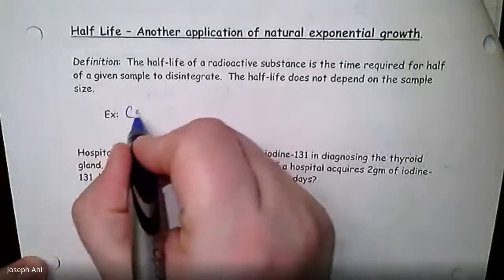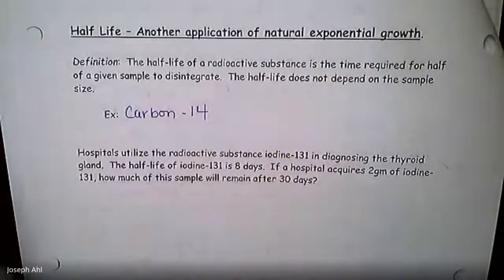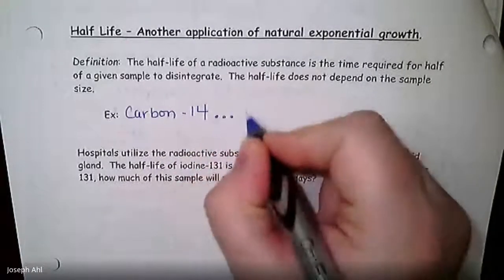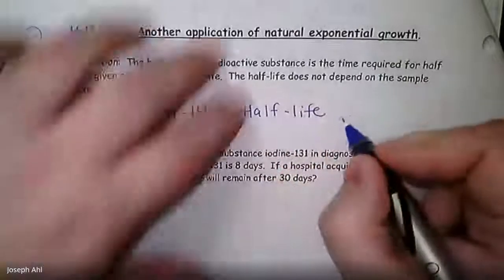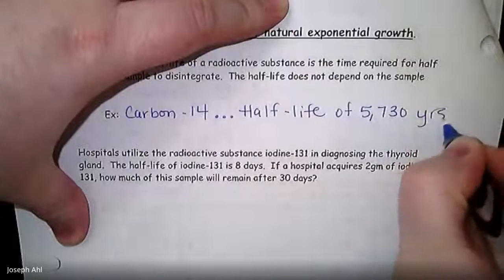The most common example of half-life is the radioactive element carbon-14. Carbon-14 is used to determine the age of fossils because it has a really long half-life. It has a half-life of 5,730 years approximately.